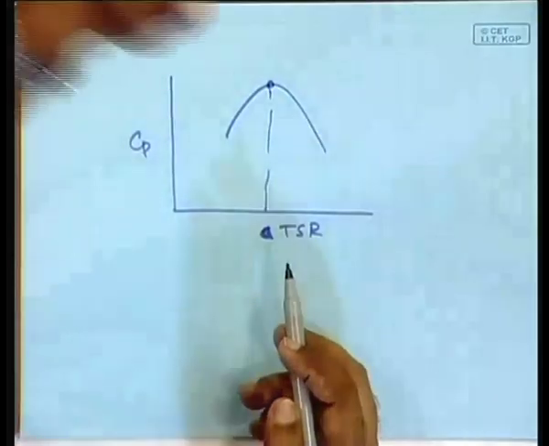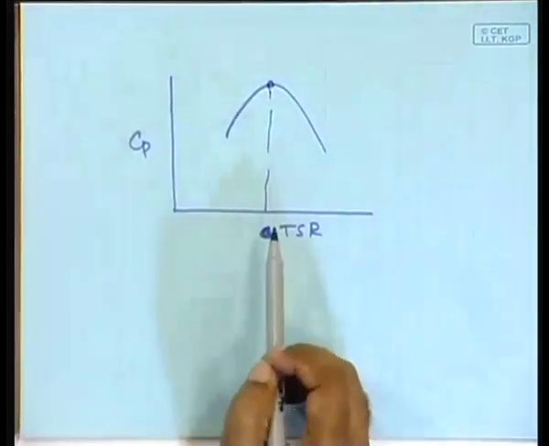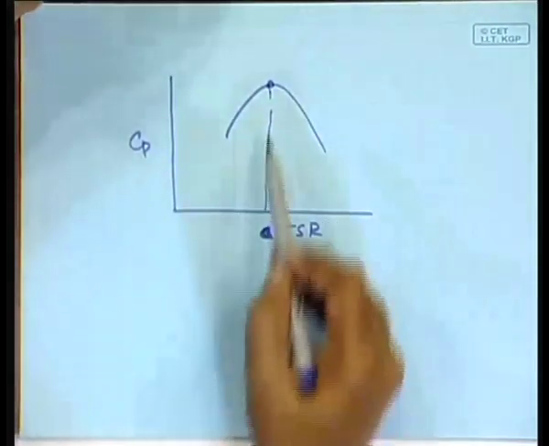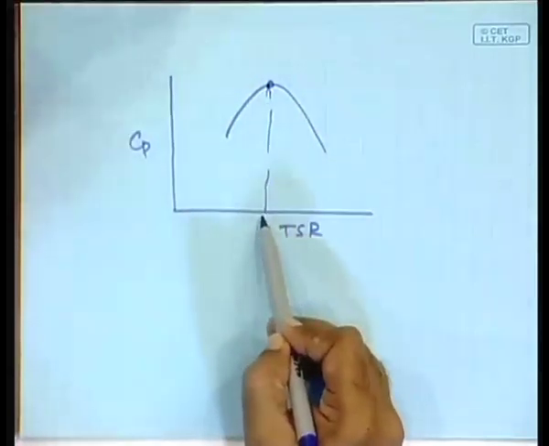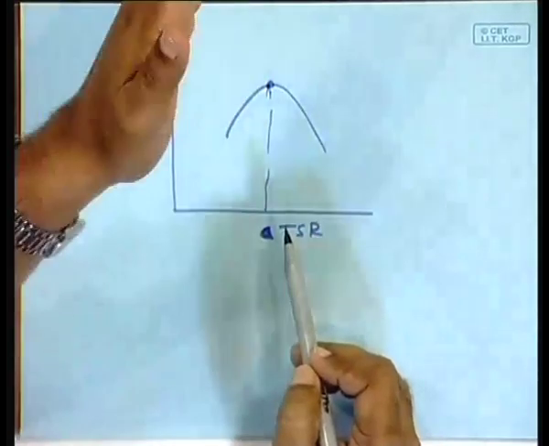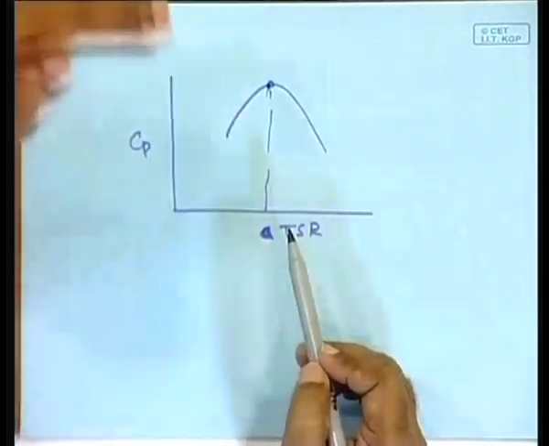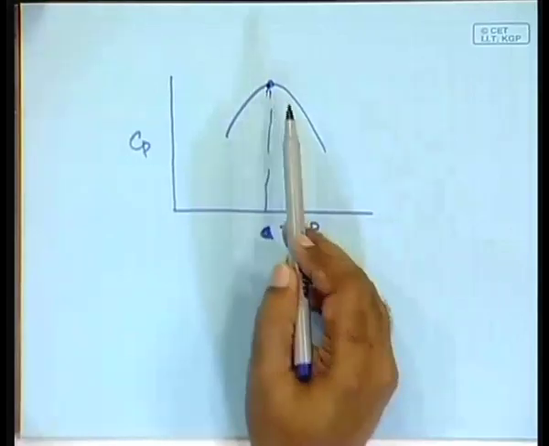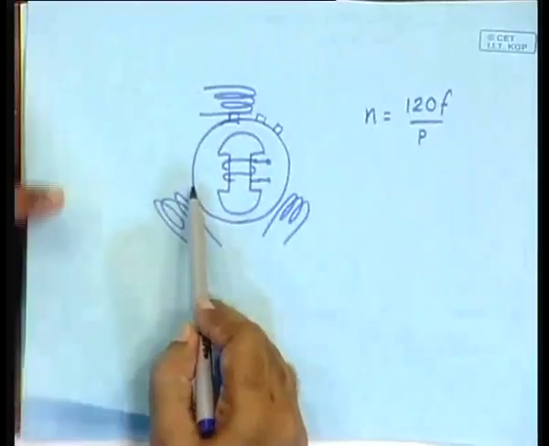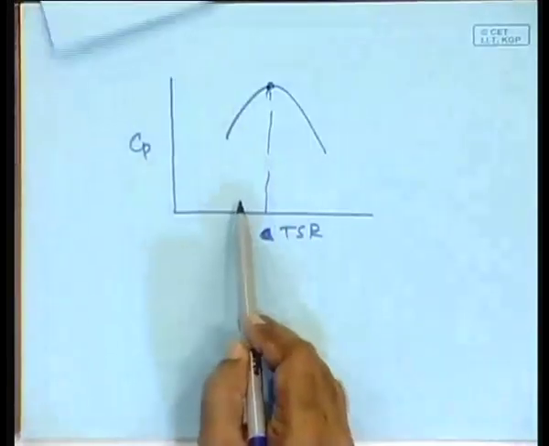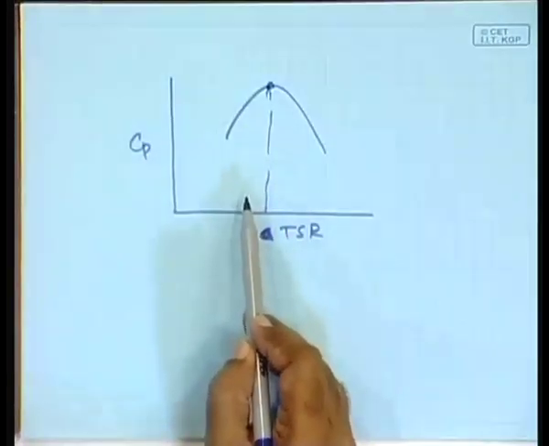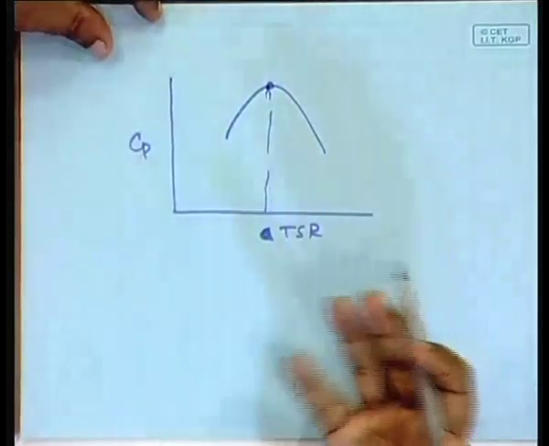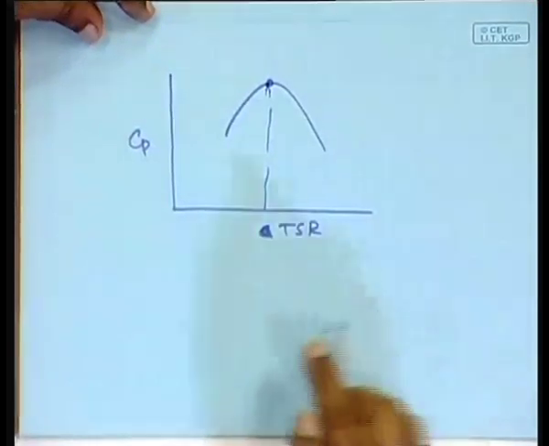As the wind speed changes, you have to keep the rotational speed proportional to the wind speed at a value which corresponds to this maximum power point, which means as the wind speed changes, you have to change the rotational speed, else you cannot really track this point, which means that this characteristic actually contradicts the requirement of the wind turbine. A wind turbine should be a variable speed to constant frequency generation system.